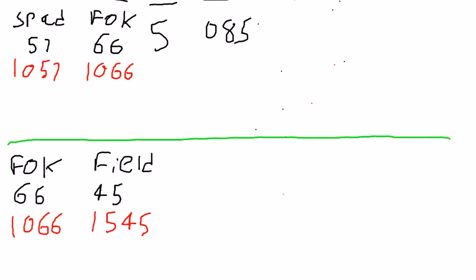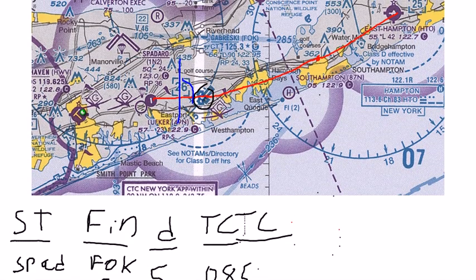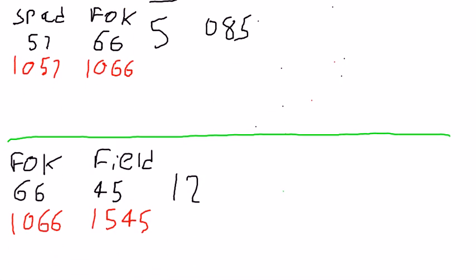I got 12 nautical miles between the West Hampton Airport and the field there. And our meridian, actually, it's printed right on the chart. You can see the line of constant longitude there, and simply measure that angle, and that's your true course, 072.